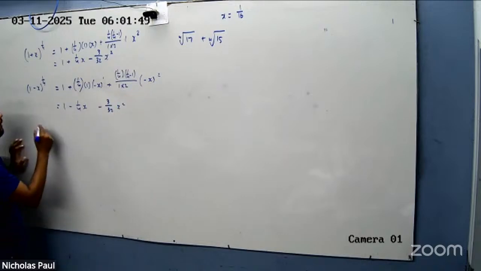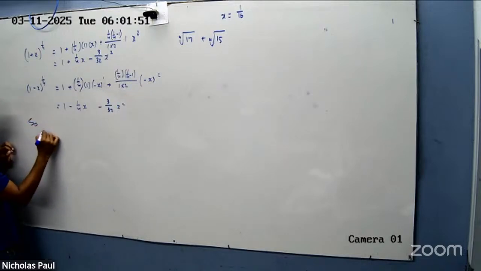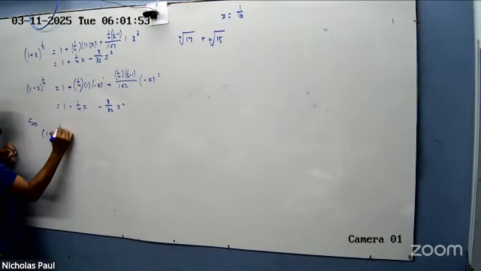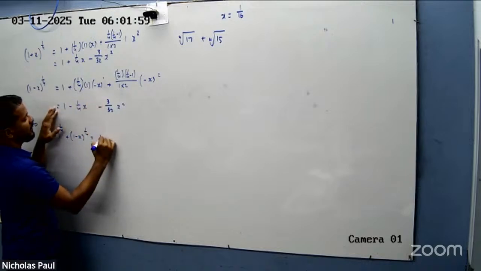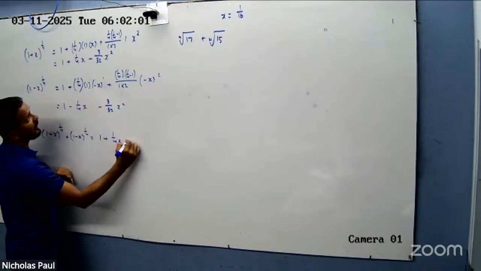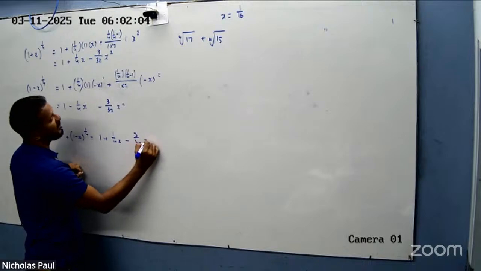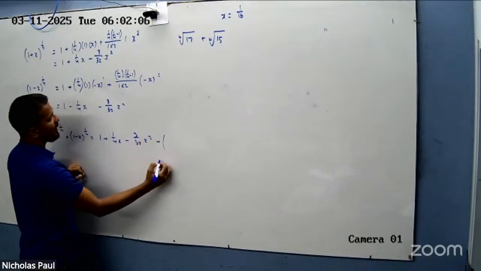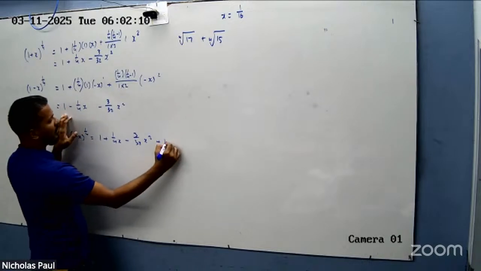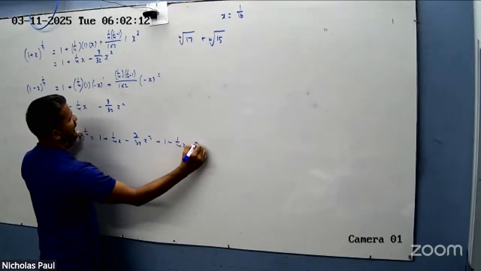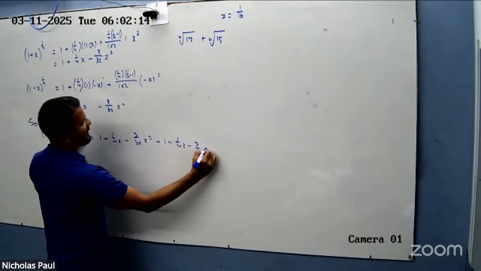Okay? So now, 1 plus x to the power of a quarter plus 1 minus x to the quarter. When you add these two, that's 1 plus a quarter x minus 3 on 32 x squared, plus, it's a plus, so I don't have to put in bracket, right? 1 minus a quarter x minus 3 on 32 x squared.